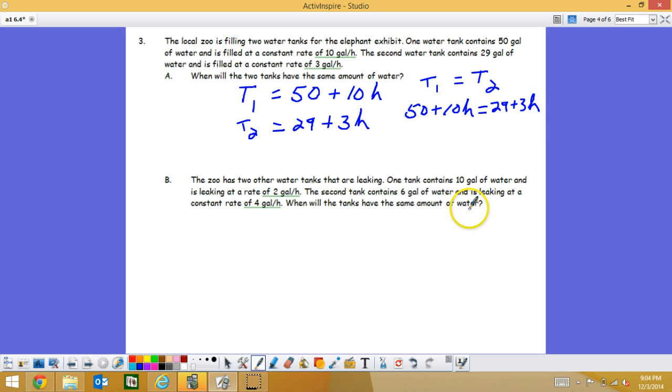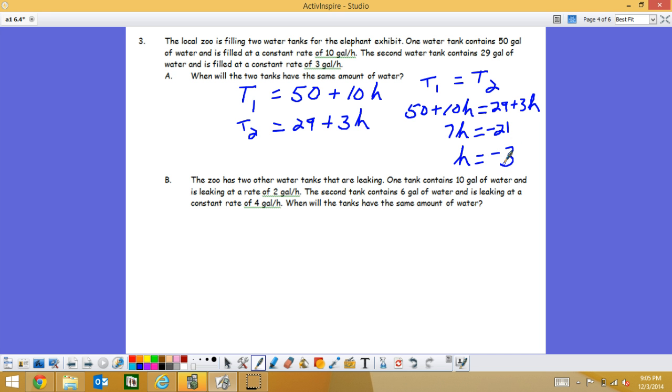Getting the h's on one side by subtracting the 3h, we get 7h. And subtracting the 50, that's equal to negative 21. So h is equal to negative 3.